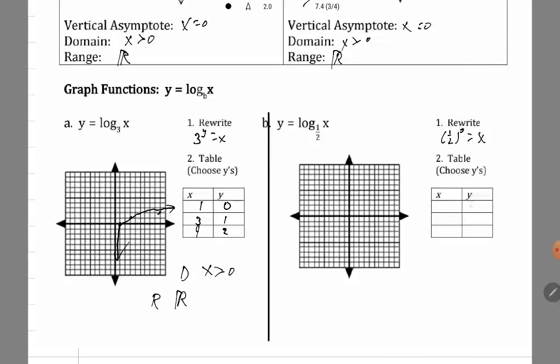So this one, if we plug in -2, we'll get 4, -1. That's 2. And 0 is 1. You can still plug in any values, whatever you feel like, but I use those to make it easier on myself. Domain, x is greater than 0. Range, all real numbers.